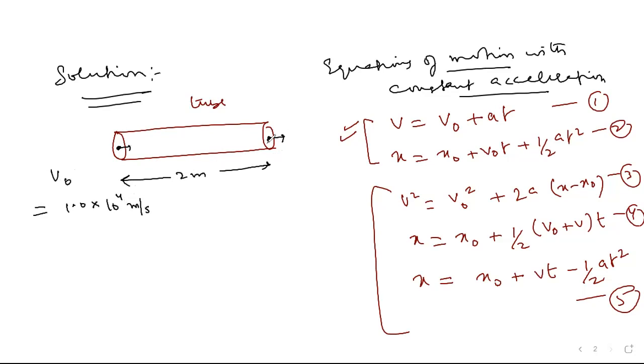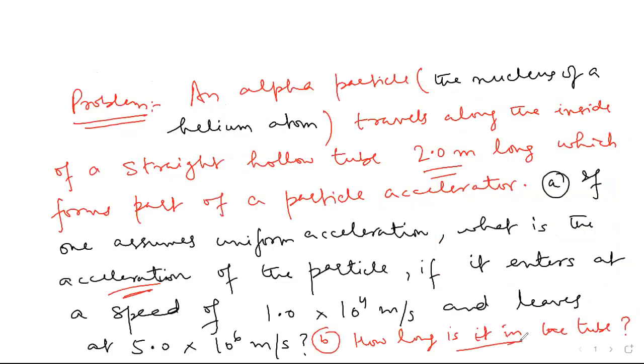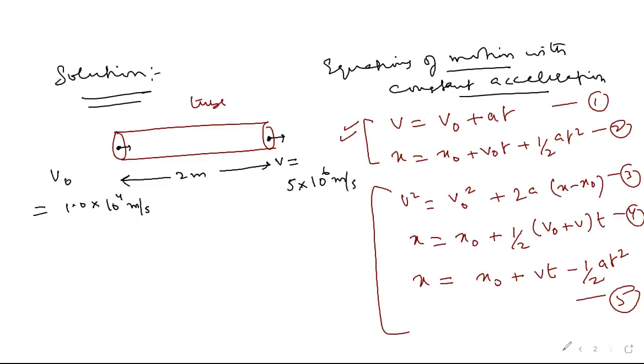And when it reaches the other end of the tube, the velocity is the final velocity attained by it in this accelerating tube, which is 5 into 10 raised power 6 meter per second, right? Let me check. Initial velocity is 1 into 10 raised power 4. Final is 5 into 10 raised power 6 meter per second.